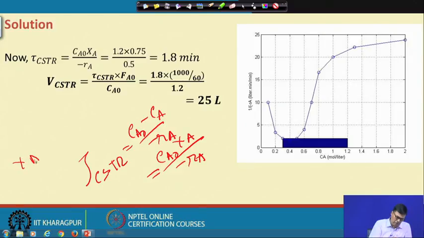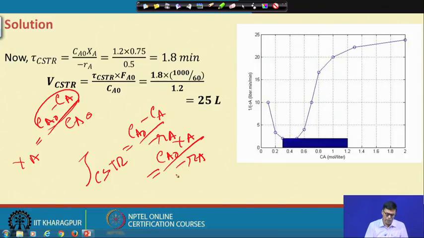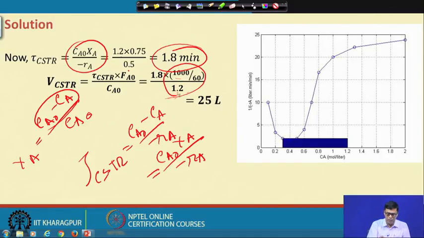Because XA equals CA0 minus CA by CA0, so multiplying by this, this is how it has come. So, we can put in 1.2, 0.75, 0.5, and easily find out the volume of the reactor. Once we know the volumetric flow rate, which I have already shown you how to calculate, you can find that the volume of the reactor is 25 liters.